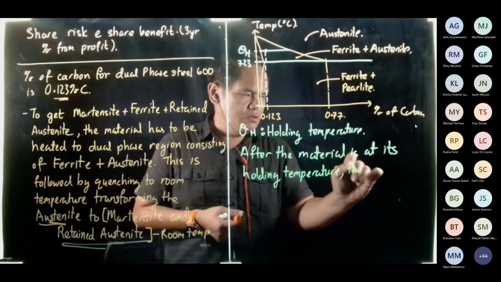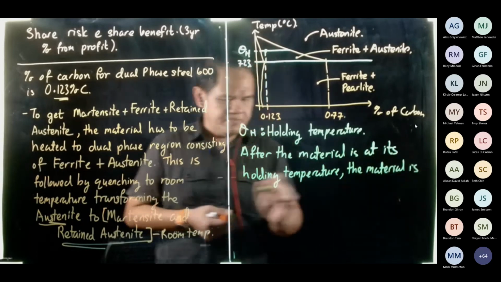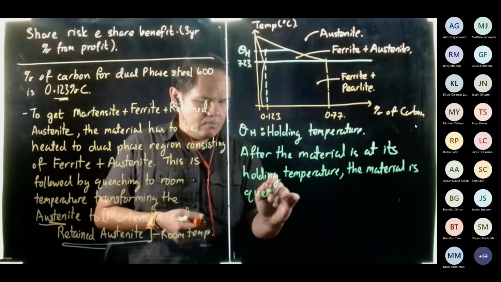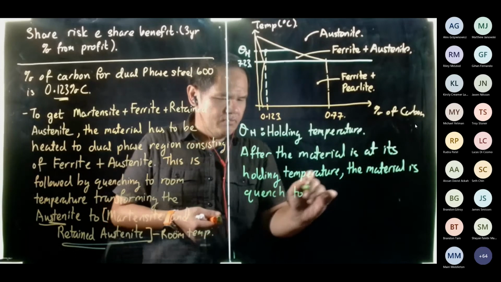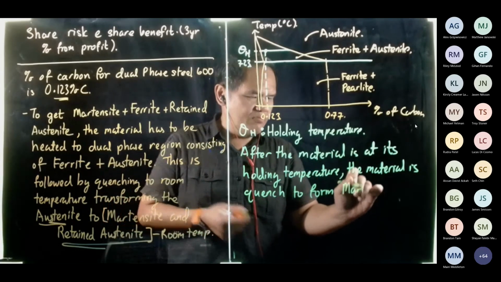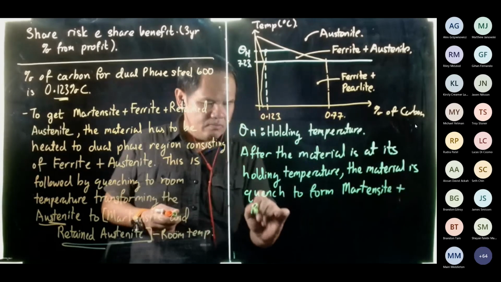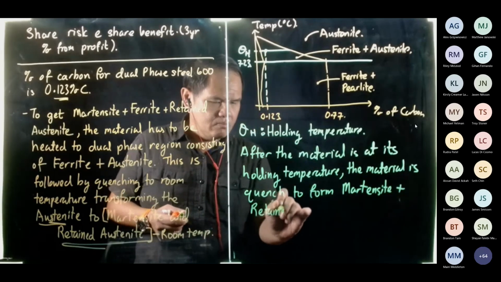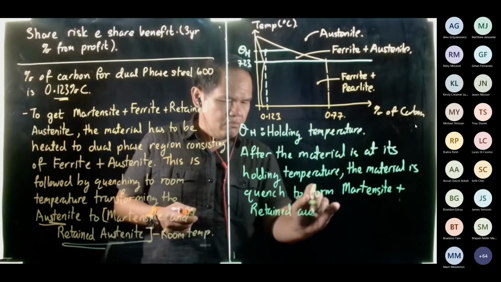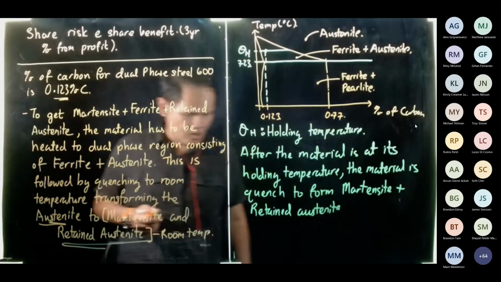The material is quenched to form martensite, like what I've written before, plus retained austenite.